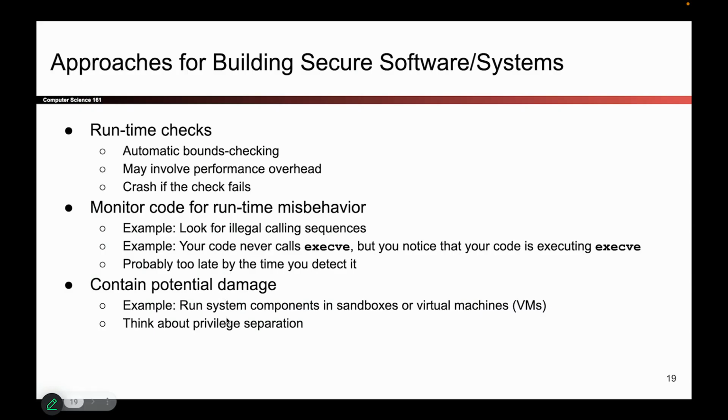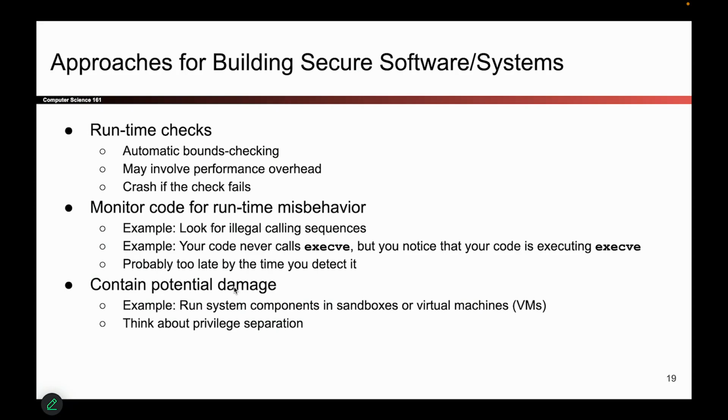So something we could do to protect ourselves, if it's possible in your system, is we could run the system in something called a sandbox or a virtual machine. These are isolated environments where even if the attacker is able to take over the program, they can't really break out of the sandbox or break out of the virtual machine to affect other parts of your system. So you're basically isolating them in a very small subsection of your system.